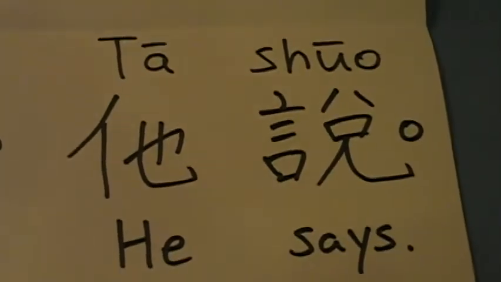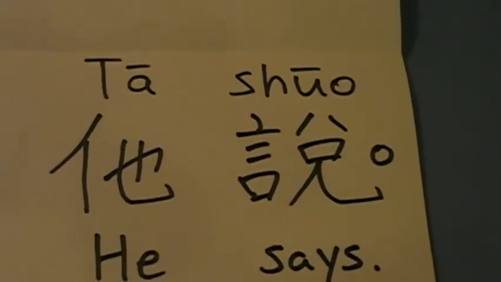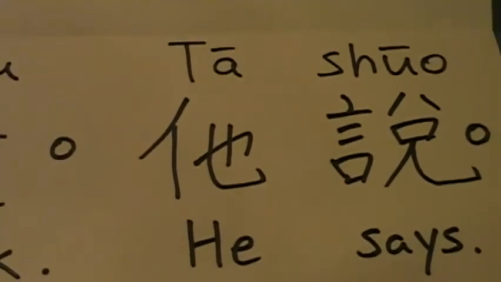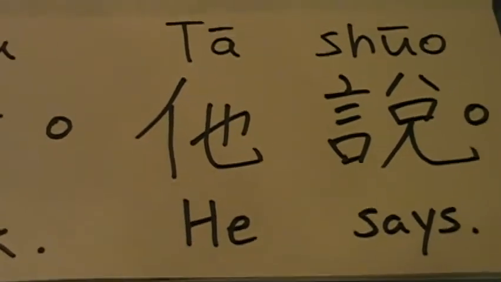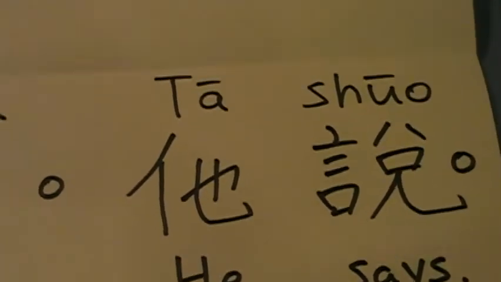These are the simple, most basic sentences comprising a verb and a noun. In this case, the noun will be 他, he, as denoted by the left character.